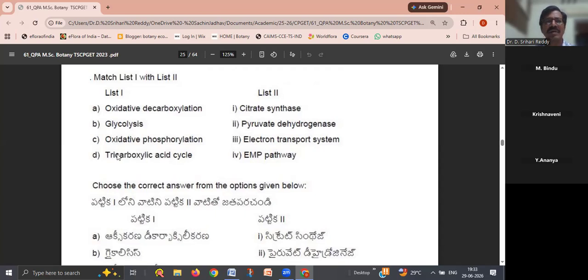So here, the tricarboxylic acid cycle means the first one, citrate synthase. We find this enzyme in the citric acid cycle or tricarboxylic acid cycle.